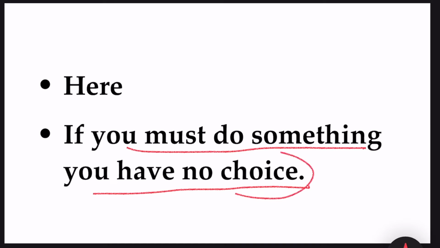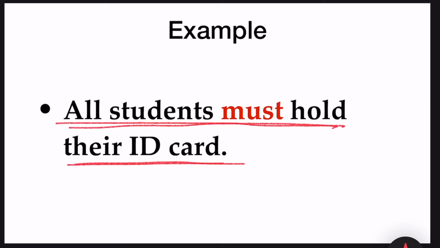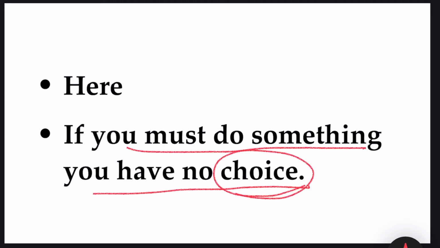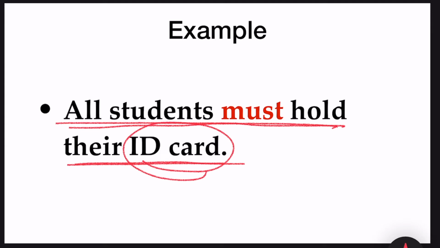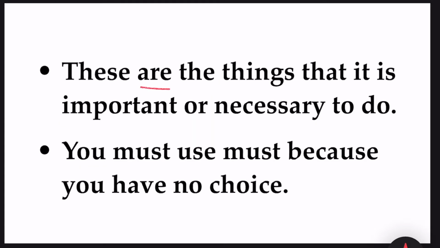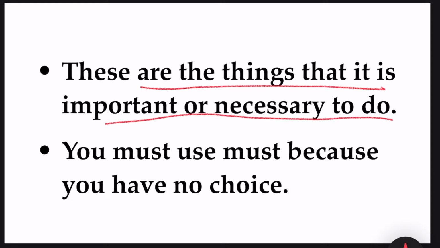There is no choice for you other than this. You have to hold the ID card if you want to write the exam. So, for expressing rule, we can use the modal verb must. These are the things that are important or necessary to do. You must, because you have no choice.